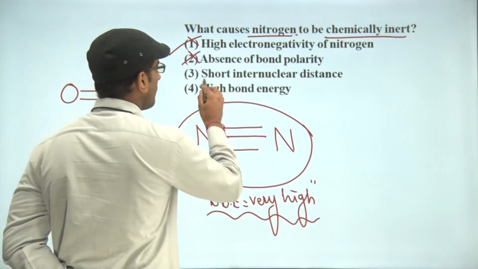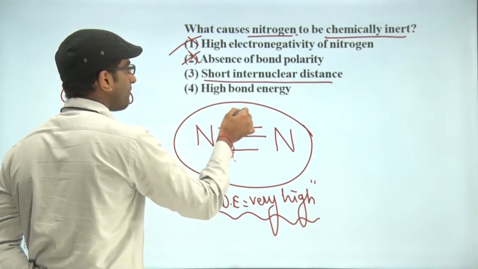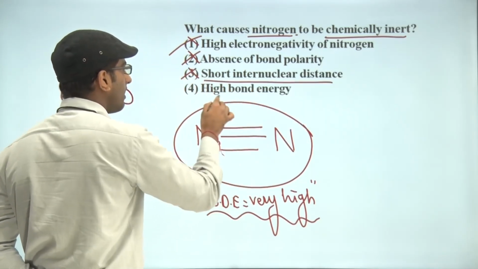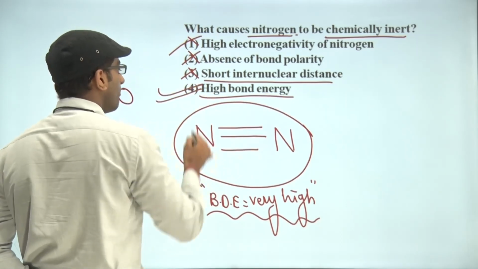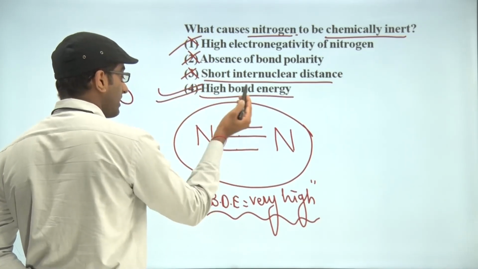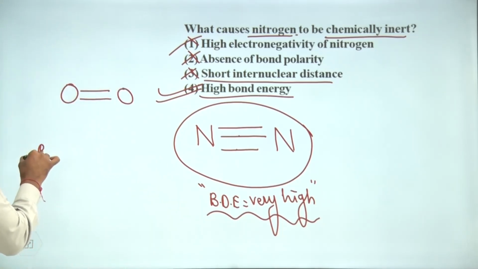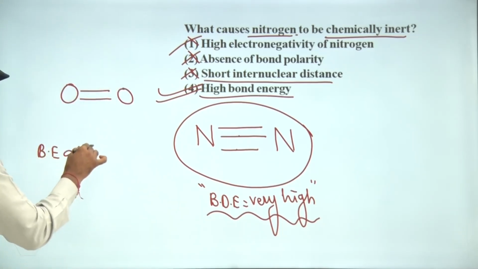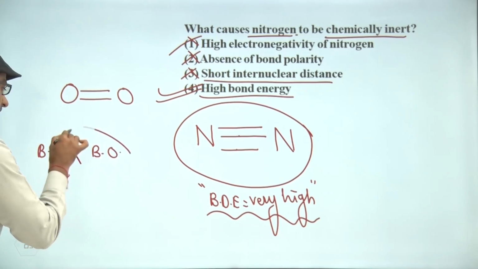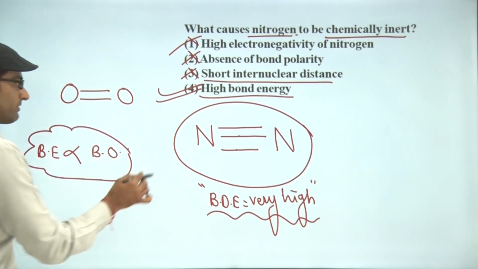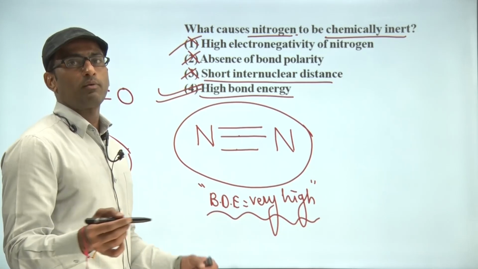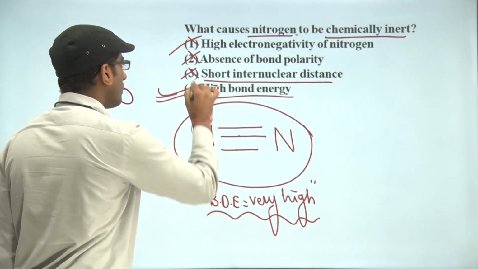Short internuclear distance is the identity of the fluorine molecule, F2. High bond energy: why high? Because bond order is high, a bond order of 3. Bond energy is directly proportional to bond order. The more bonds between the atoms, the more energy is required to break them. The fourth option is correct here.